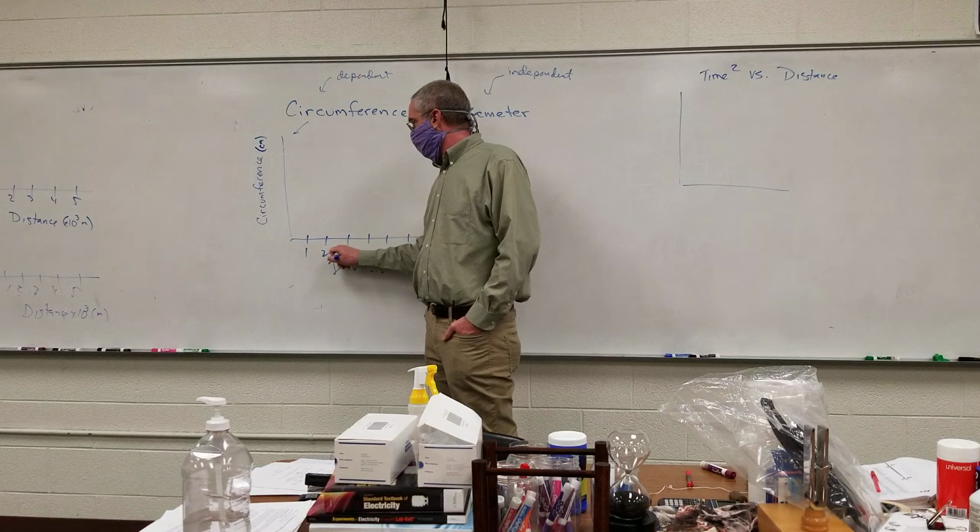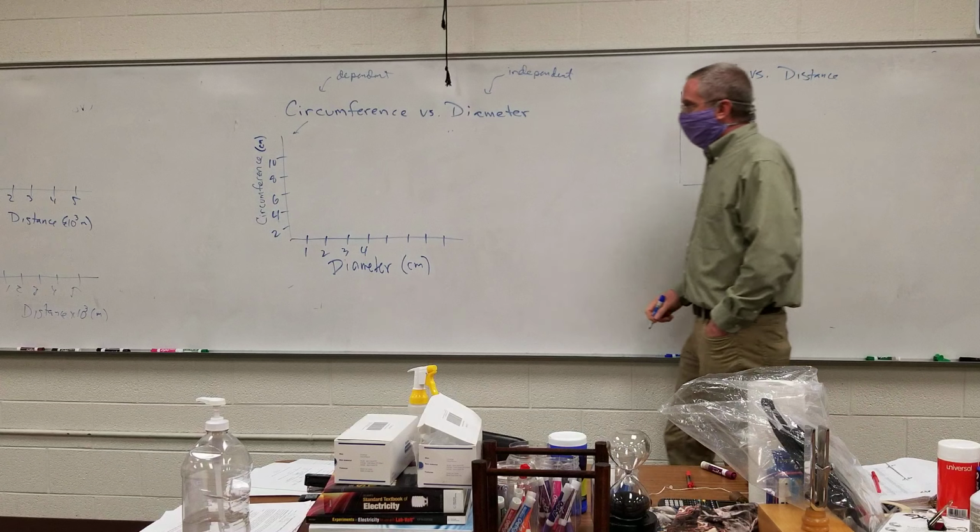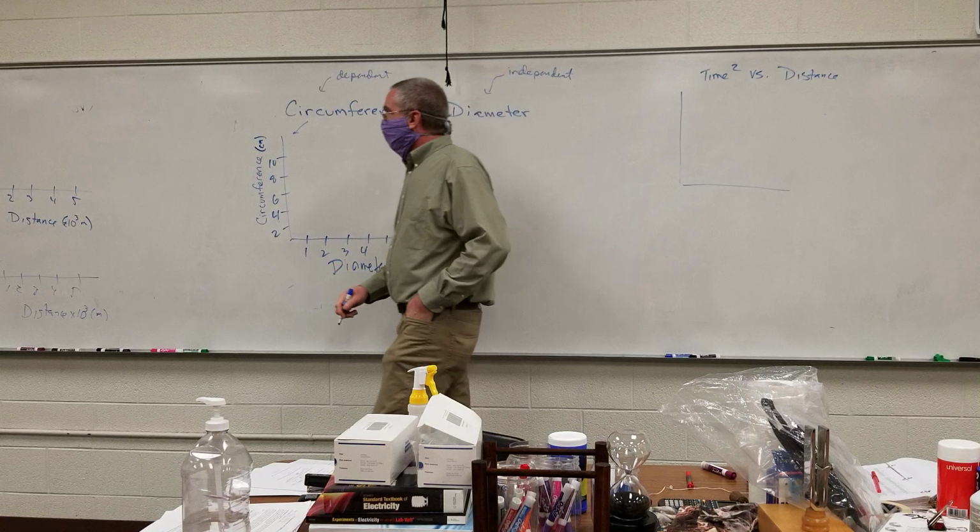So 1, 2, 3, 4, and so on, and then going along this axis, let's just say 2, 3, 4, 6, whatever the numbers happen to be. Now, if you're using a program to do this, then it's automatically gonna know this stuff, and you don't have to think about it. If you're doing this by hand, you're gonna get the plots pointed down.